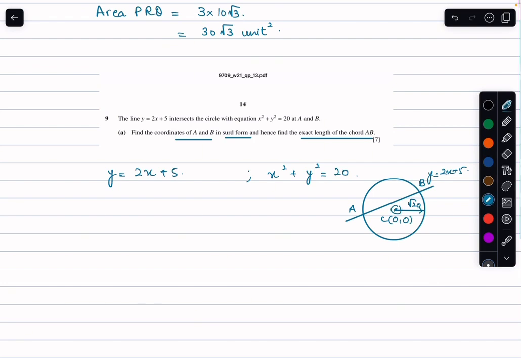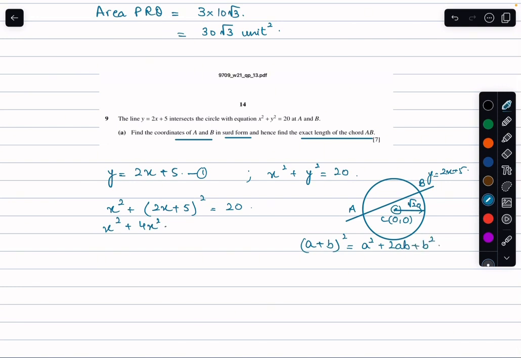So the two equations need to be solved simultaneously. I will be substituting the line equation into the circle equation so that this becomes x squared plus (2x plus 5) the whole square equals 20. I'm applying the algebraic identity (a plus b) the whole square, which is a square plus 2ab plus b square.